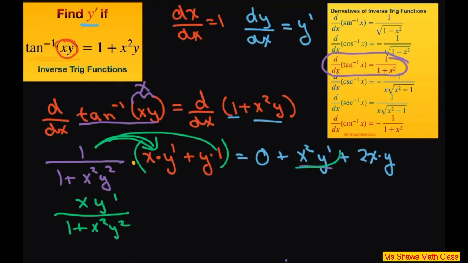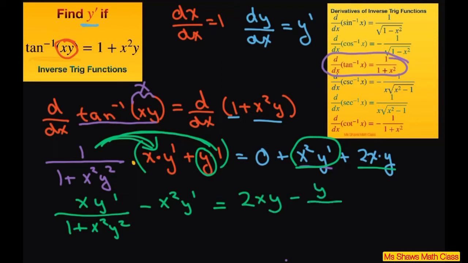This has a y prime in it, so I'm going to subtract it. Now when I multiply this, that's just going to be y divided by this. I'm going to subtract it, so we already have our 2xy, and we're going to subtract y divided by 1 plus x squared y squared.